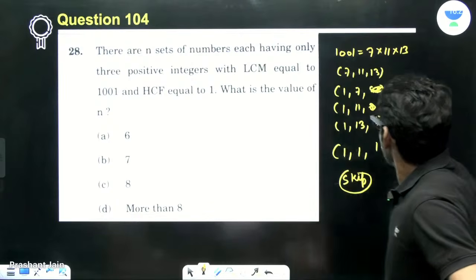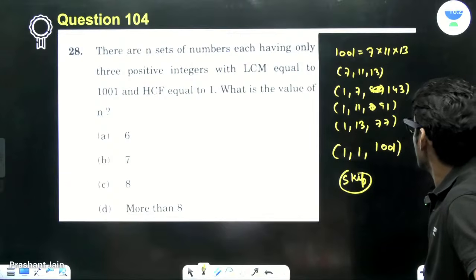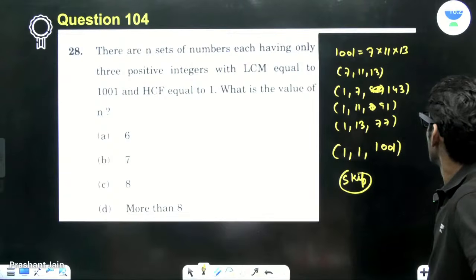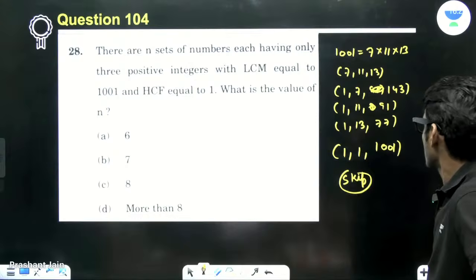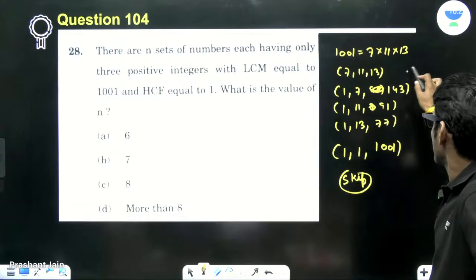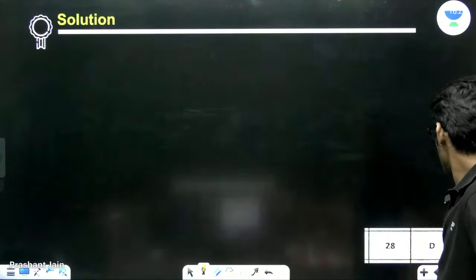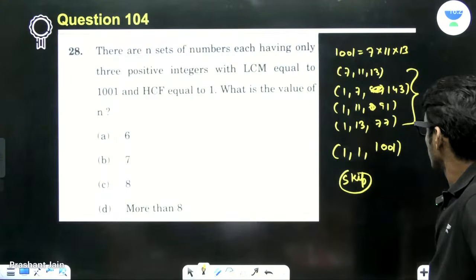Breaking it into a product of 3, how do I break it into 3? I don't think there are more ways than this. What is the answer given? D, more than 8.